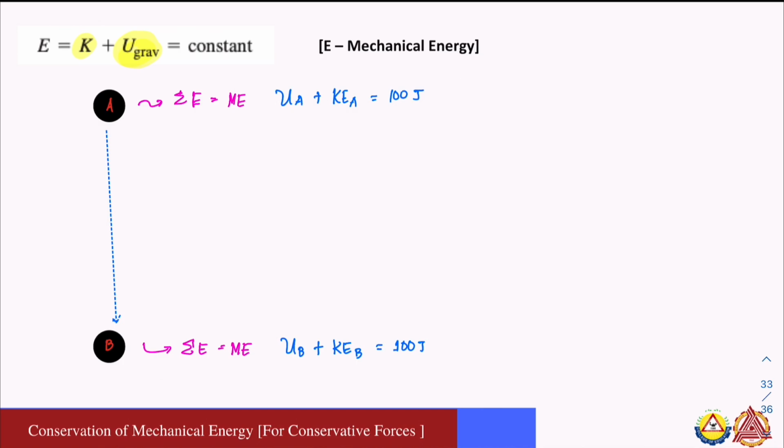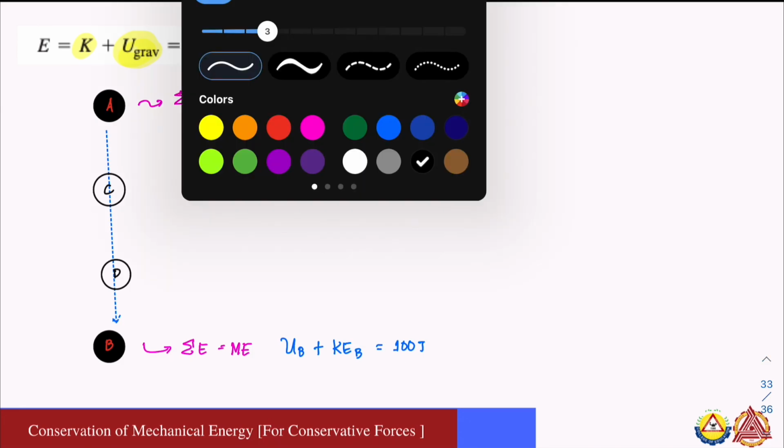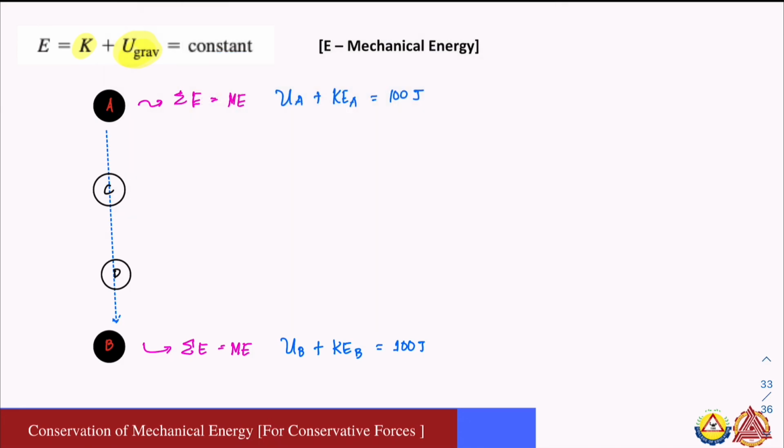So if I make some intermediate point over here, and I call that point C, and then for the sake of discussion, I add a point here, and I call that point D. As you would expect, according to the conservation of energy, when you take the sum of the potential energy at point C and add the kinetic energy at that point, you should also get 100 joules.